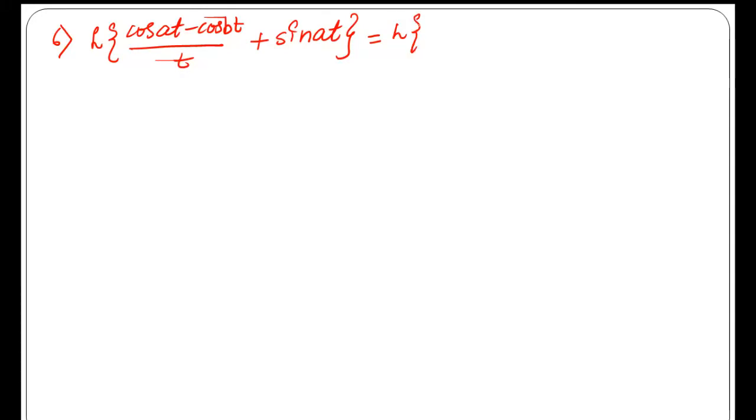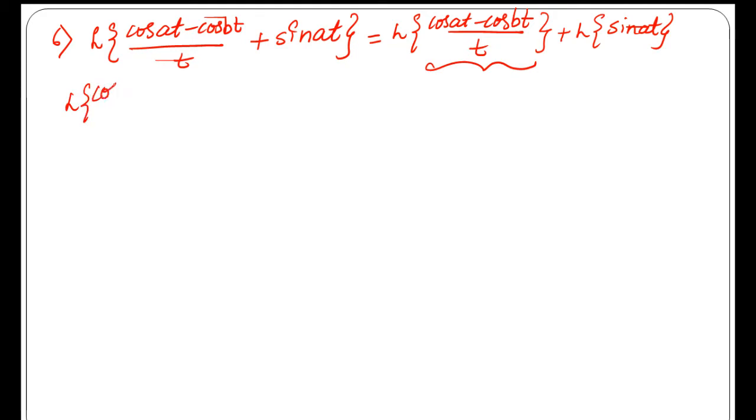that is to find Laplace transform of cos at minus cos bt divided by t plus sine of at. Okay, so we'll rewrite this as Laplace transform of cos at minus cos bt divided by t plus Laplace transform of sine at. So the first term we can proceed with property number 3.